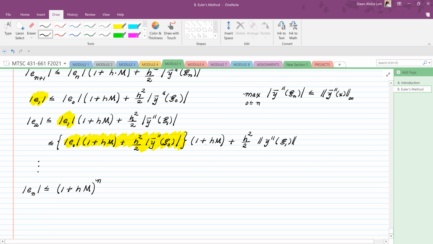So therefore, I'm going to get the absolute value of E naught, and then plus (1 plus hM) plus dot dot dot plus (1 plus hM) to the n minus first power, times h squared over 2, the infinity norm of y double prime.